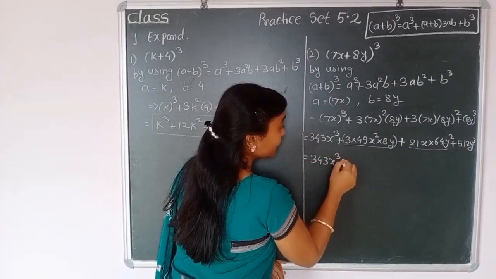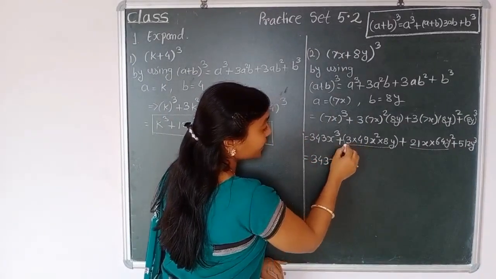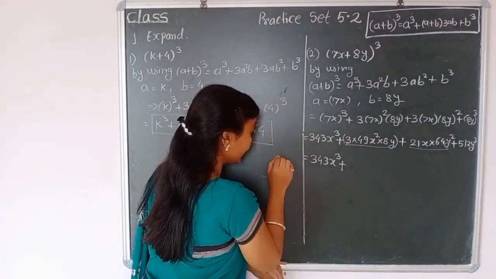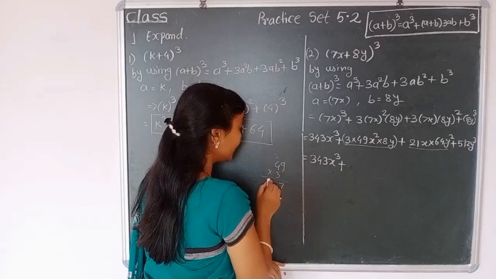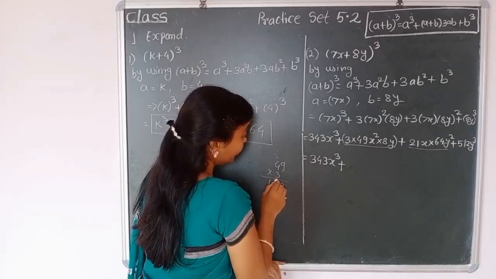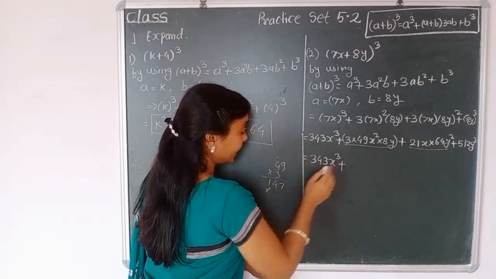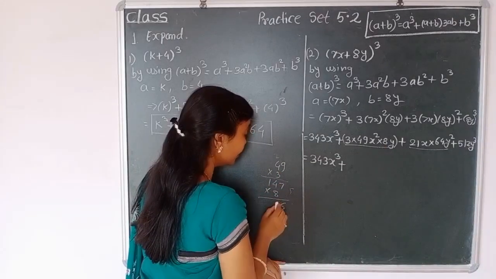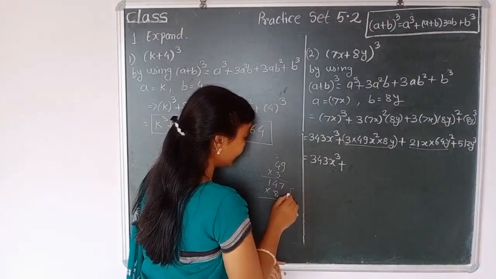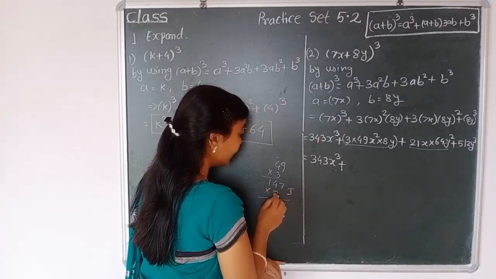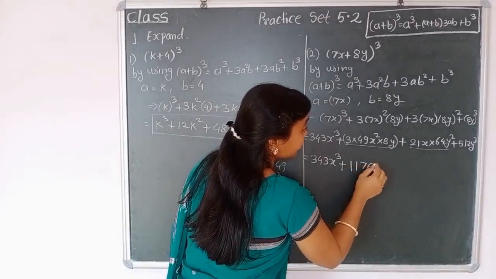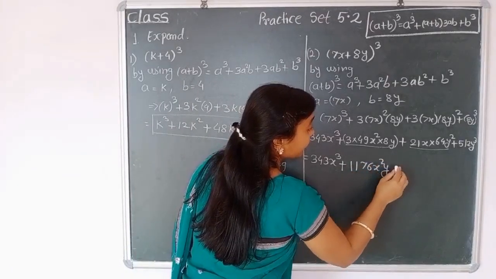343 x cube plus 49 into 3: 9 3s are 27, carry 2, 4 3s are 12, 12 plus 2 is 14, into 8: 8 4s are 32, 32 and 5 is 37, carry 3, 8 1s are 8, 11, so 1176 x square y.